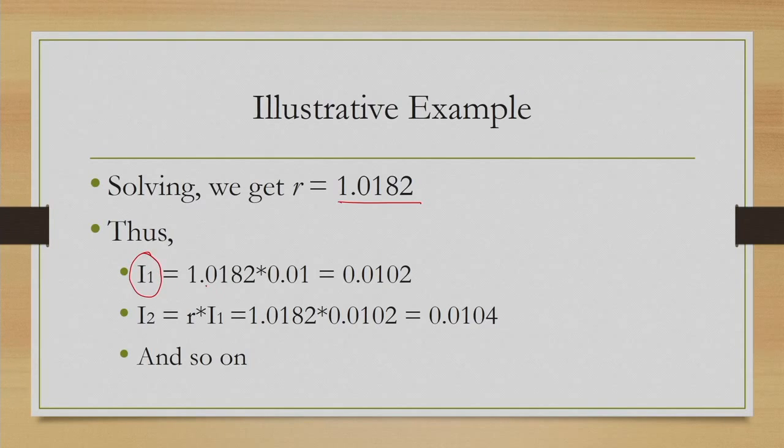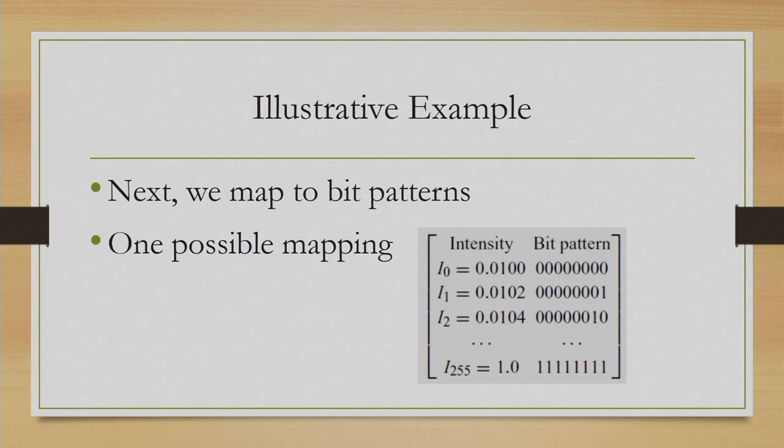Using this value we get other intensity values in this way. So, I1 will be R into I0, that is 0.0102, I2 will be R square into I0, that is 0.0104, and so on, and we create a table of these values. In this table also we assign bit patterns.